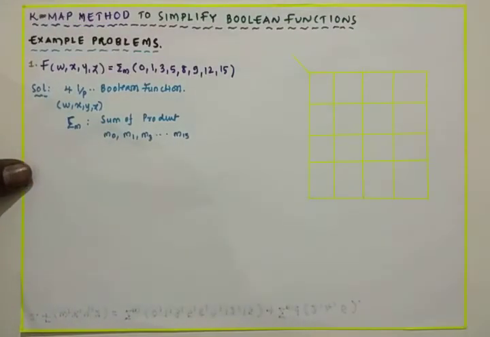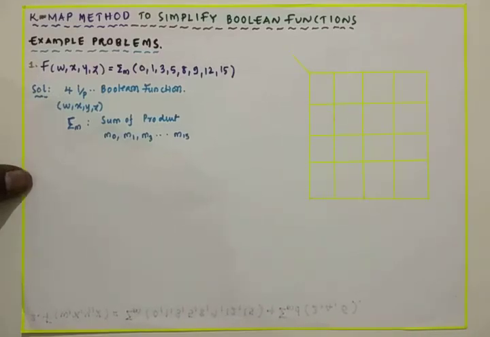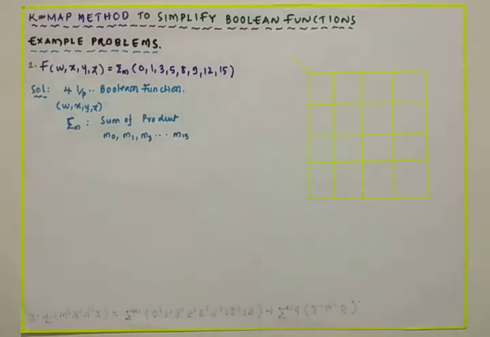By seeing sigma m, one has to understand that it is the sum of products. This is the first observation we have to make by seeing the given question.